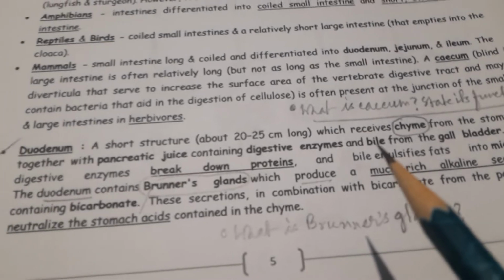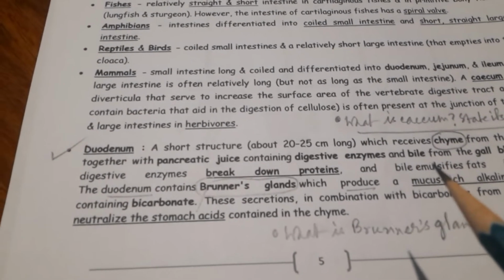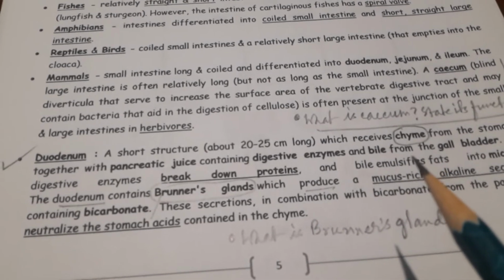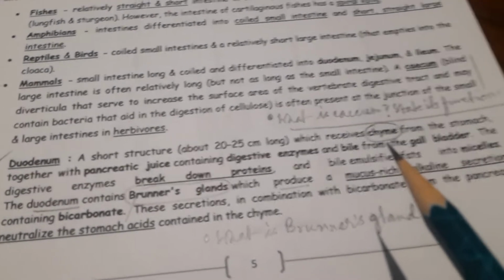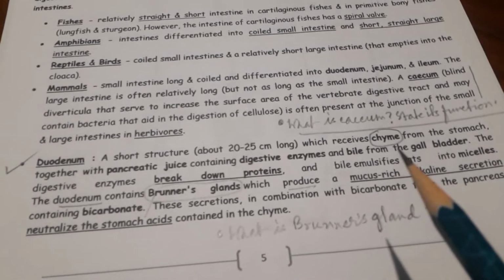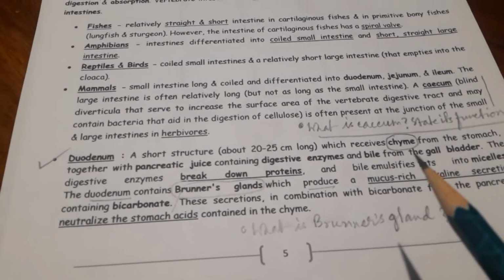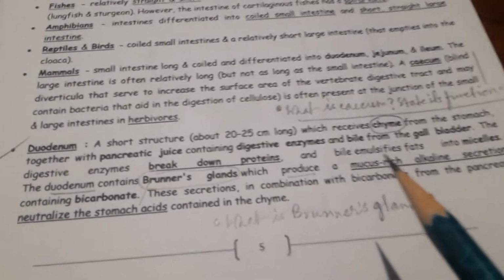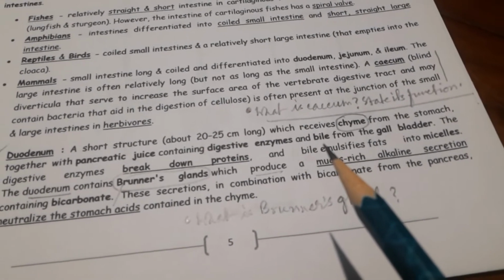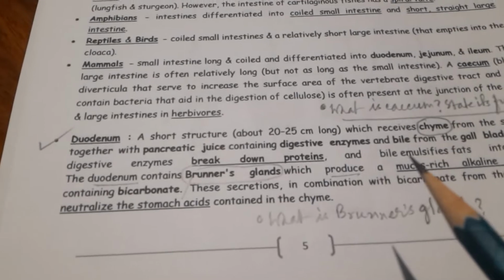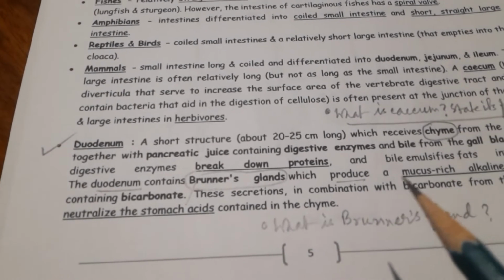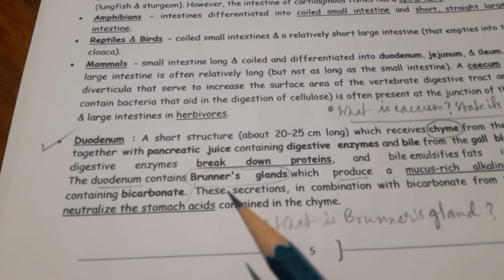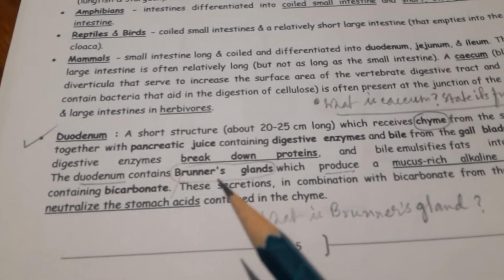What is the function of the duodenum? The duodenum receives chyme. What is chyme? Chyme is a foodstuff or bolus mixed with mucus, pancreatic juice and also bile from the gallbladder. Now, one important gland is also present in the duodenum, that is Brunner's gland.